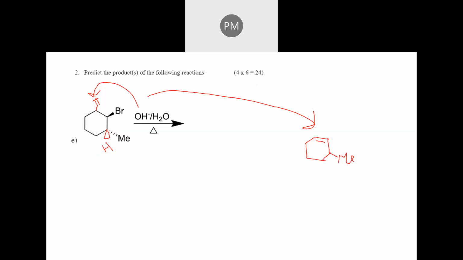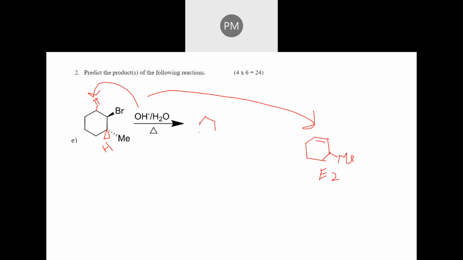But from this side it will not be favored, because for the E2 reaction, the anti-periplanar position of the leaving group and the hydrogen to be abstracted is a must. So there will be a single E2 product. And what will be the SN2 product?